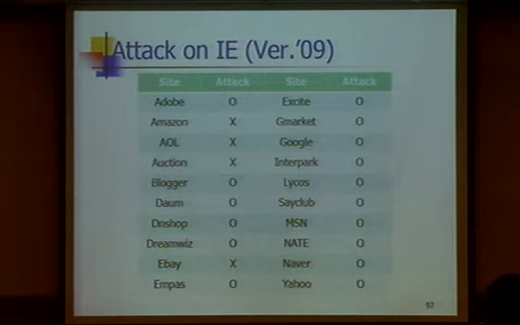But as this table shows, very few websites protect their site by using these alert messages. This X means that our attack cannot be mounted on Amazon and AOL auction, and this all means that our attack can be applied to this site.